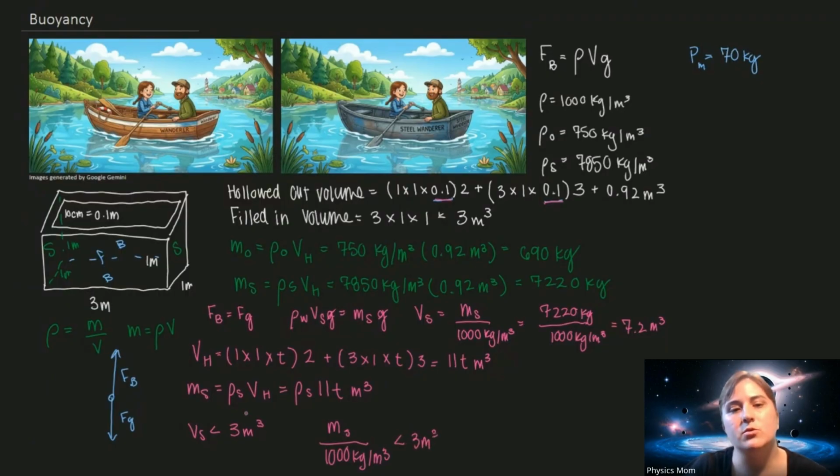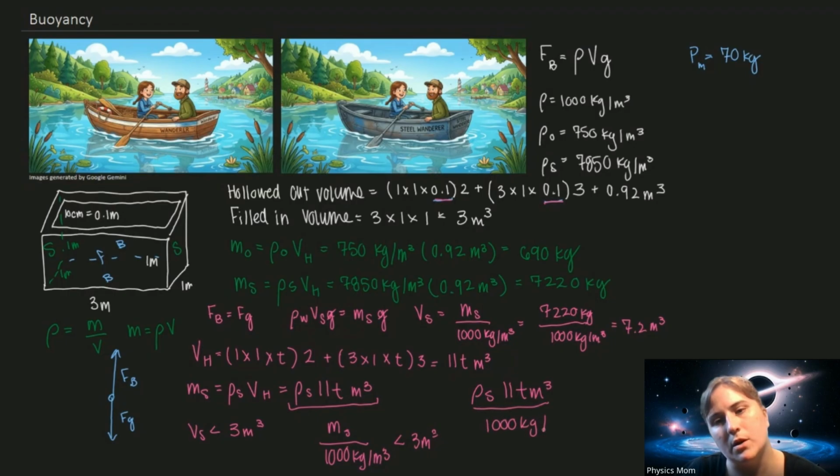Well, I have this new equation for mass of the steel. That's going to be the density of the steel times 11T, which has to do with the hollowed out volume and the thickness in meters cubed, divided by the density of the water, which is 1,000 kilograms per meter cubed. That has to be less than 3 meters cubed. I'm running out of space, but we're going to calculate it up here.